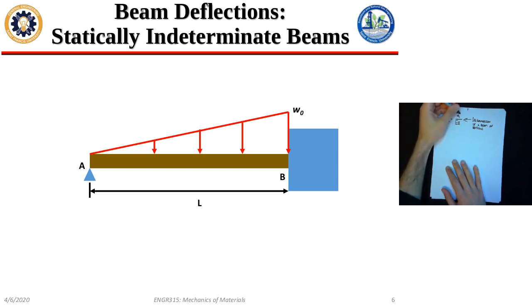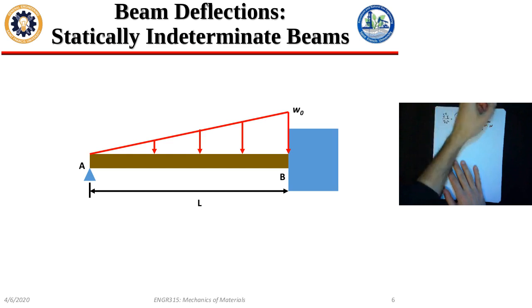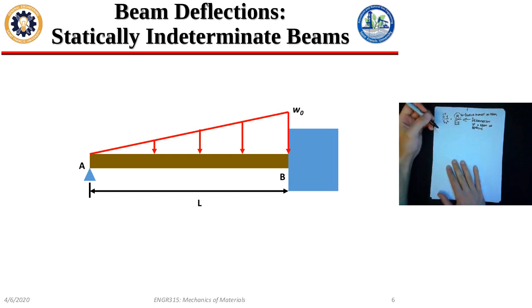What we need in order to do that is, among other things, an expression for the bending moment in the beam. Now, this would be like an internal load. So if I want to solve for that right now, say I'll start at the left-hand side of the beam.